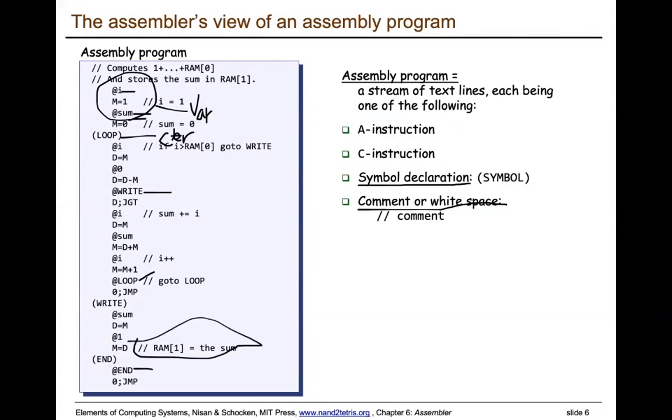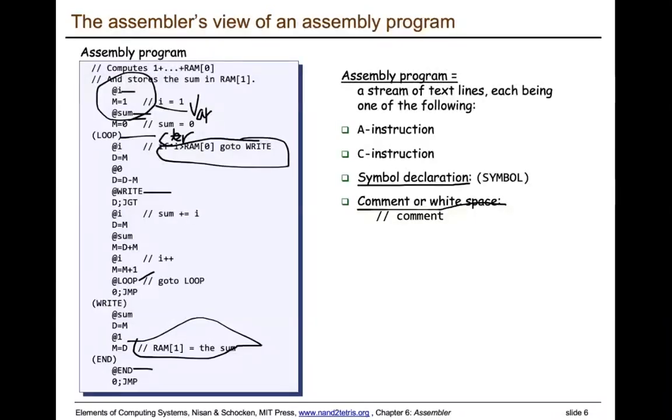If this one goes to the right, then this is the comment. Just like your high-level language, a comment means nothing to the assembler, so you don't do anything. And there's white space. If you write white space between symbols, then when you do the assembler, you need to trim it, because the white space is nothing.